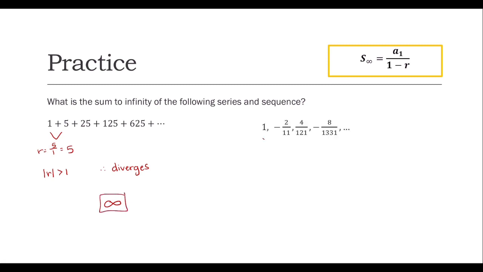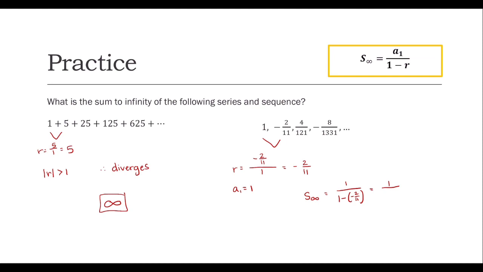In the second one, we'll find our rate by taking -2 over 11 and dividing that by 1, which is just -2 over 11. So that's our rate. The absolute value of that rate is less than 1, so we can use our formula. We'll need to know our first term, which is 1. So the sum to infinity of this sequence is a1, 1, over 1 minus our rate, which is -2 over 11.